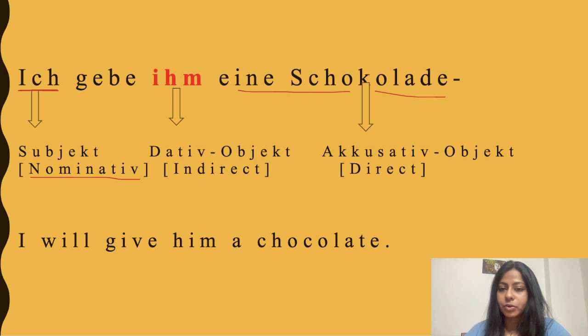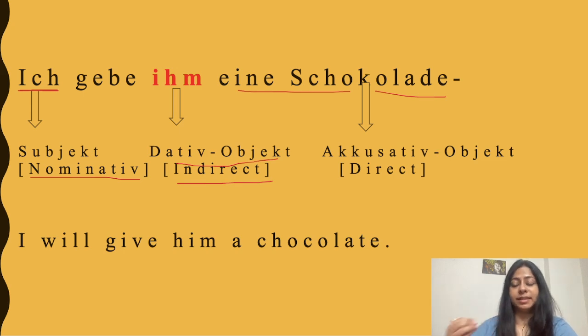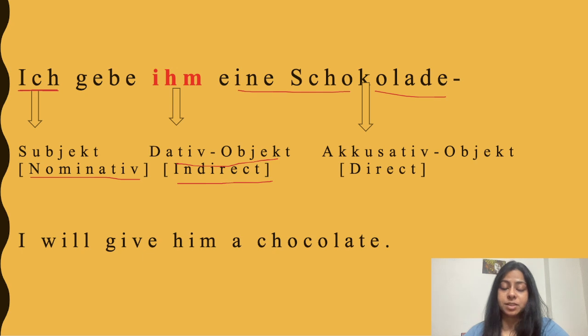Accusative है, accusative object है, which is direct. और ihm क्या है? Since the personal pronoun for Tom is er, we need a dative personal pronoun which is ihm. So ihm is dative object which is indirect. So I will give him a chocolate. Hence we use ihm in this sentence because this is a dative object.